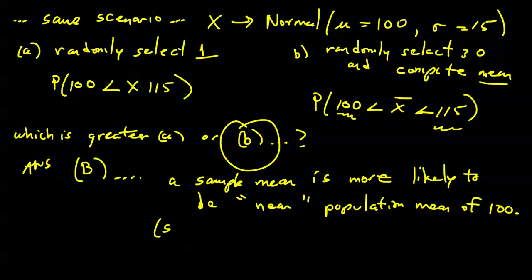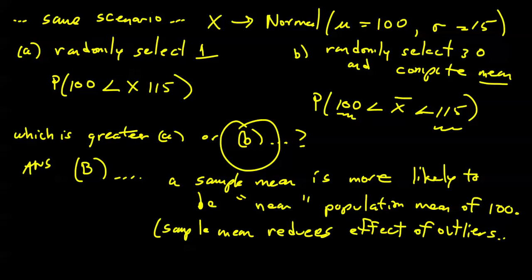And again, the process of taking the sample mean reduces the effect of outliers, hence making it more difficult for a sample mean to achieve high values seen in extreme ranges. All right, what I've really done here is sketched out an informal definition of the central limit theorem.